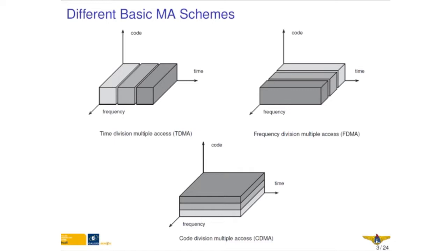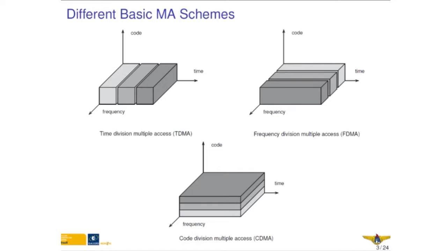There's also a fourth technique, space division multiple access. If you have multiple antennas on the transmitter and receiver side, then you can also try to separate users by spatial filtering, so in space. But the basic techniques are TDMA, FDMA, and CDMA.